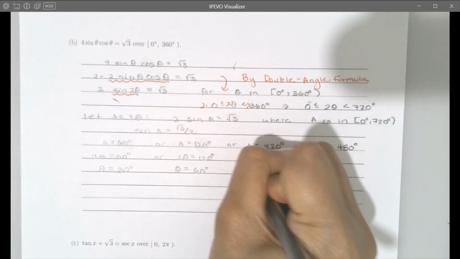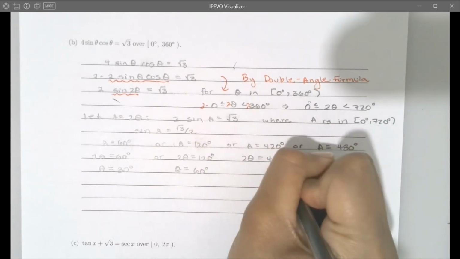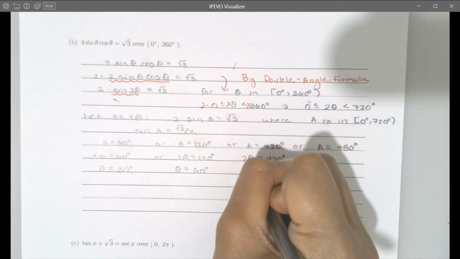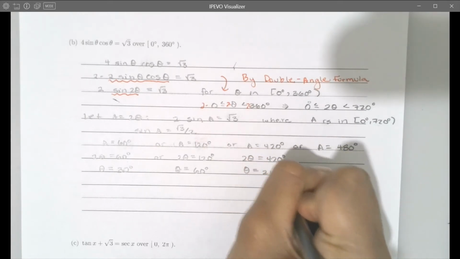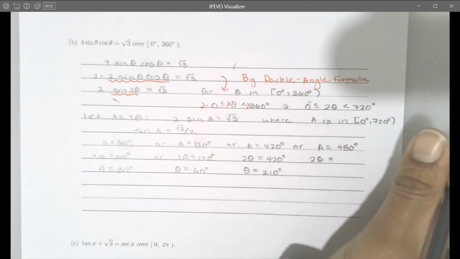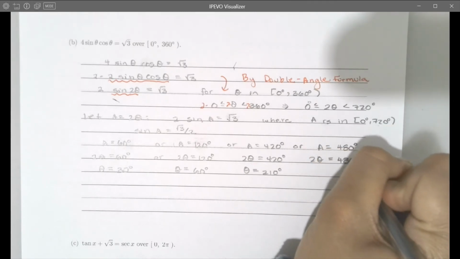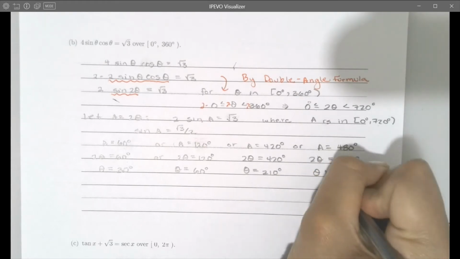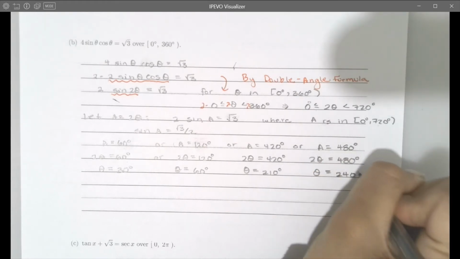We're going to repeat the process with the last two. 2 theta is 420, which means that theta can be 210. And finally, 2 theta is equal to 480, which means that theta can be 240.